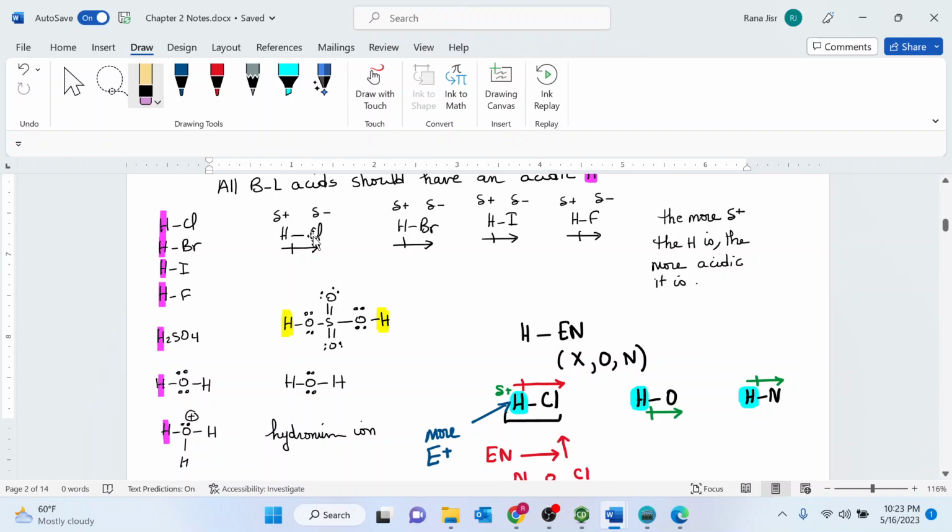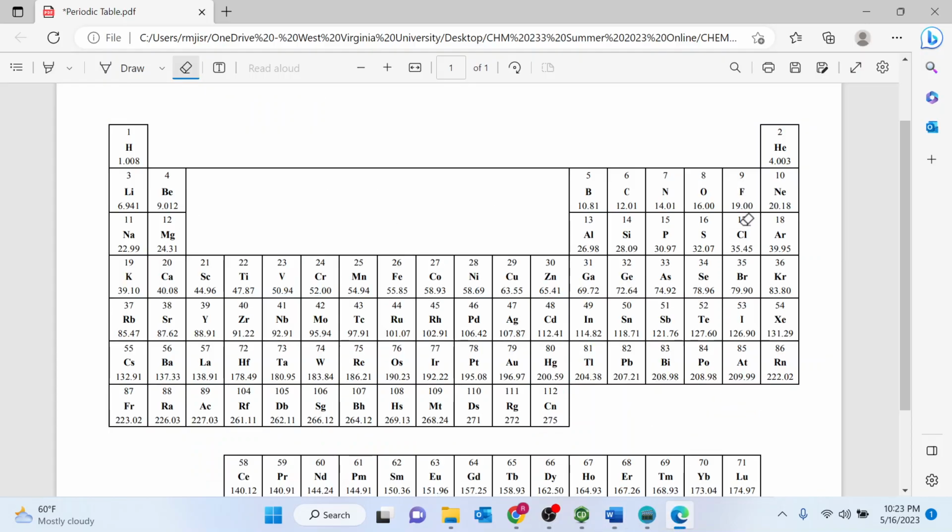And then there are hydrogens connected to elements that belong to the same group, like, for example, chlorine, bromine, iodine, and fluorine. If you look at the periodic table, these are elements belonging to the same group versus elements belonging to the same period. For the same period, you look at the electronegativity, but for the same group, you have to look at the size of the ion.